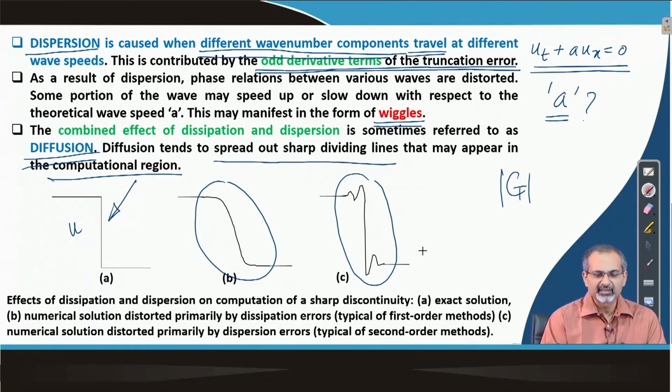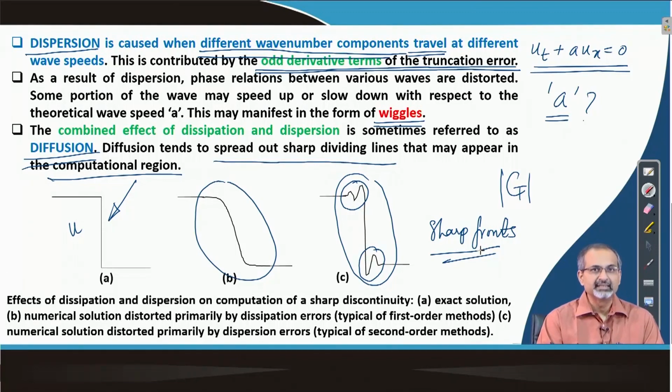That means it does not lead to decrement of the sharpness or even of the amplitude, but it generates wiggles. Wiggles can even form simultaneously ahead and beyond of the front, and usually these errors get very much amplified when you have sharp fronts to be captured. So, sharp fronts could be a very challenging situation for numerical schemes.